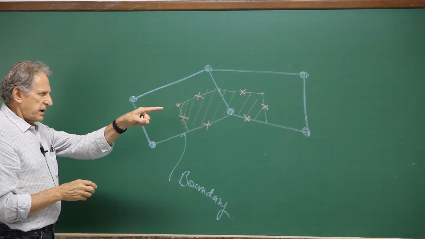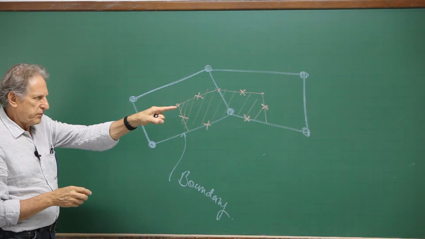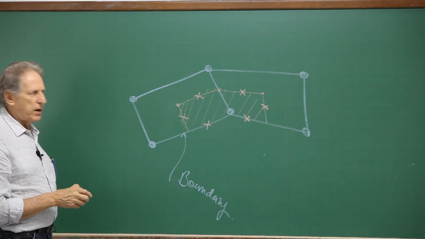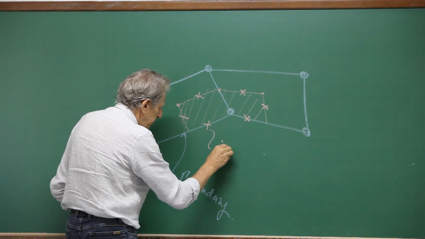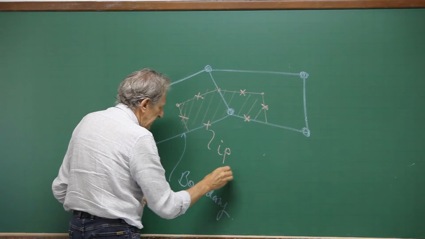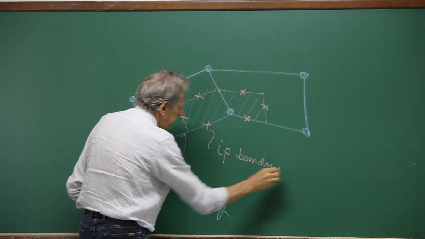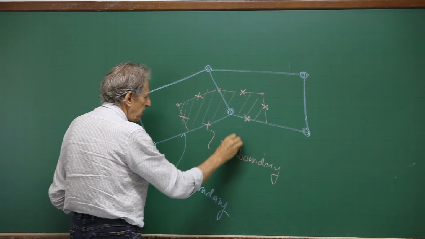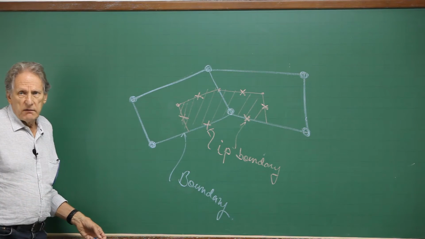It's called the integration point in the frontier, in the boundary. So it will be here, an integration point at the boundary. Another one there. And there.